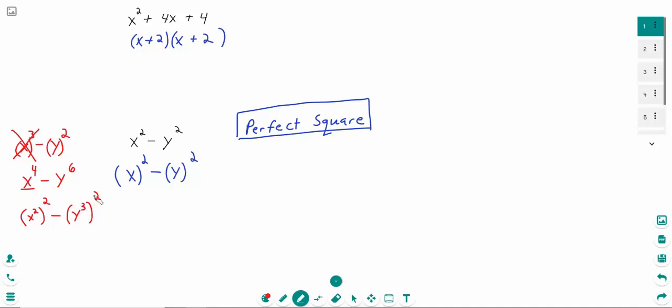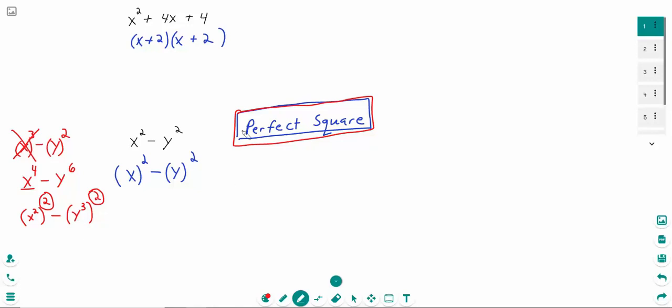Because 3 times 2 is 6. All right? So, once again, we have something that is being squared here, and we have something that's being squared here. So both first and second terms are being squared here. So this would be a perfect square.